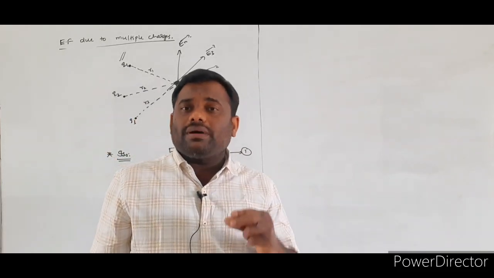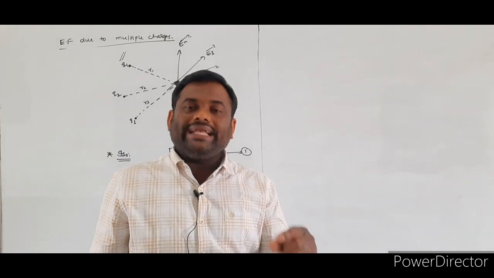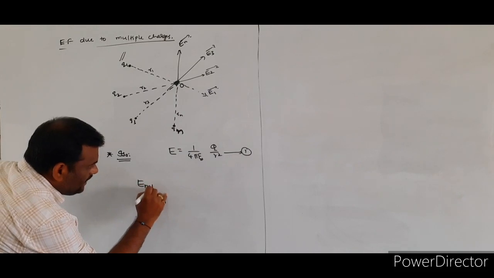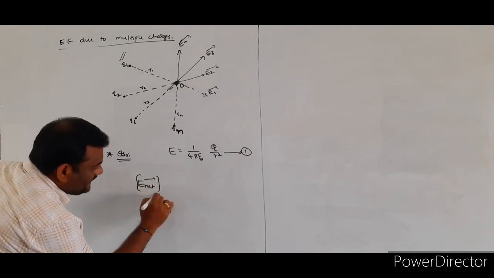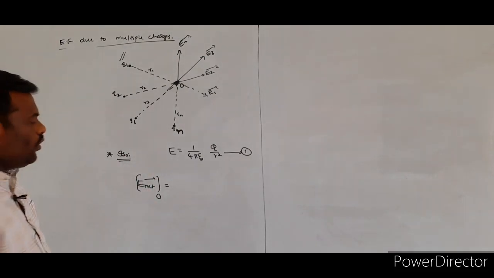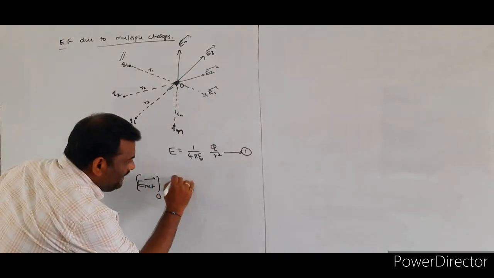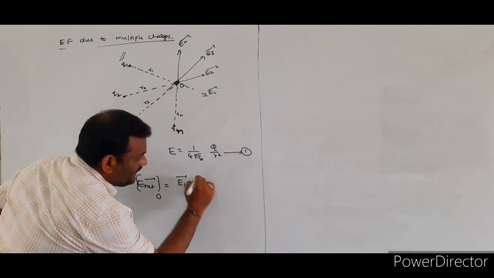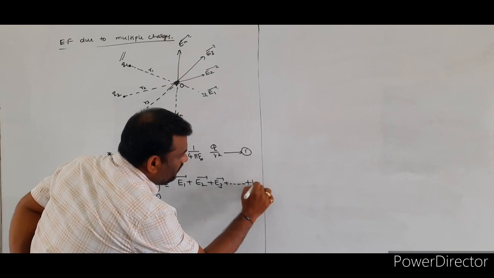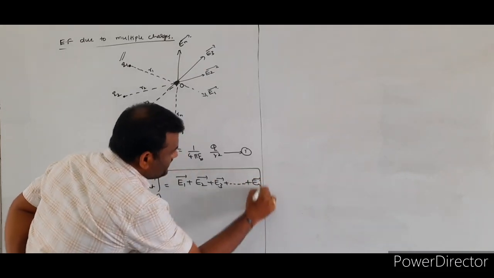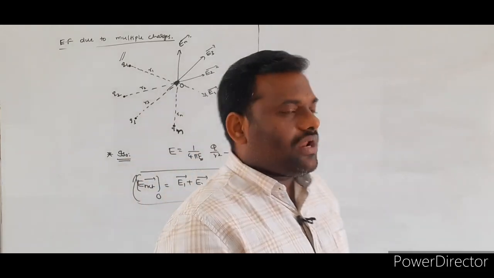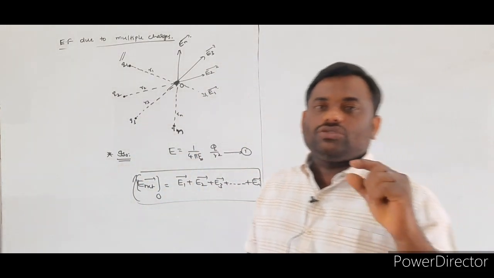So whenever more number of electric fields are acting at a point simultaneously, the resultant electric field acting at the point O will be considered as the vector sum of all the individual electric fields. Such a type of principle we are calling as what? Principle of superposition.